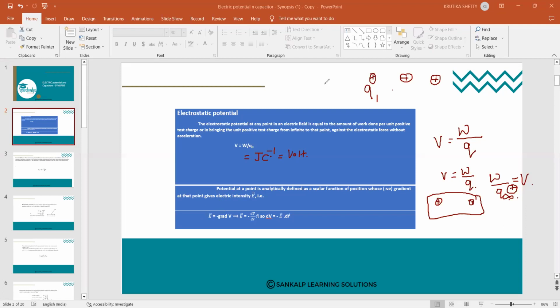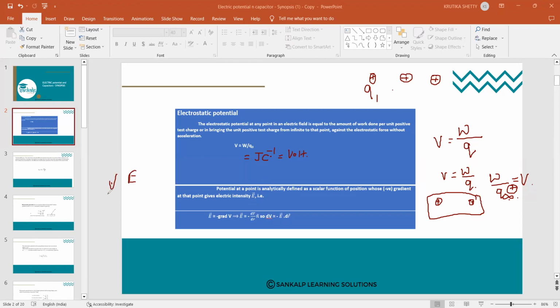So what is the relation between electric field and the potential? Whatever this charge is there, potential is denoted by V and the electric field is denoted by the letter E. I hope now it is audible clearly.